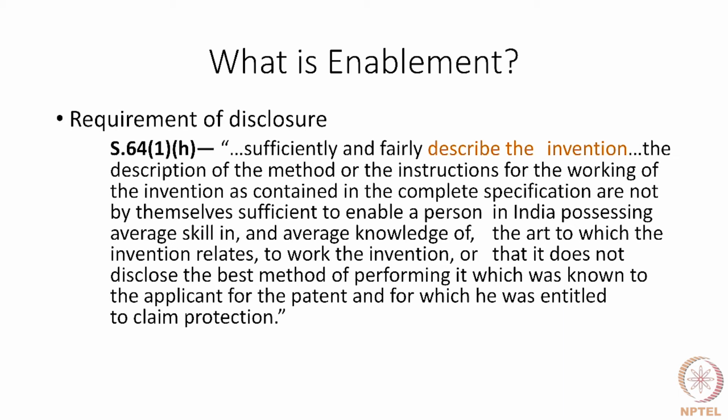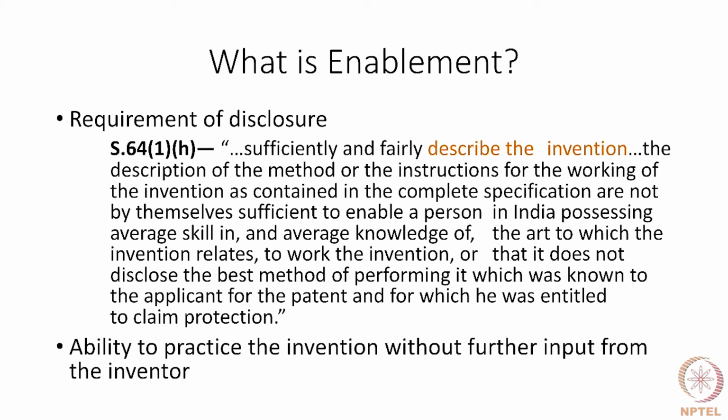This repeats the language of section 10. We had already quoted section 10. So a granted patent can be revoked if it does not disclose the best method or if it does not enable a person skilled in the art to perform the invention, to work the invention.